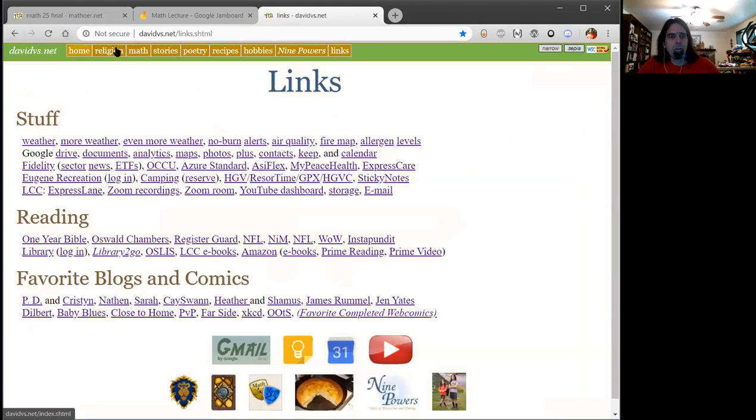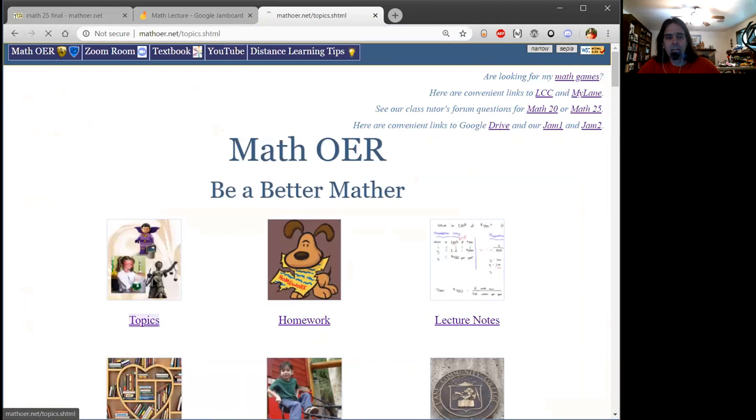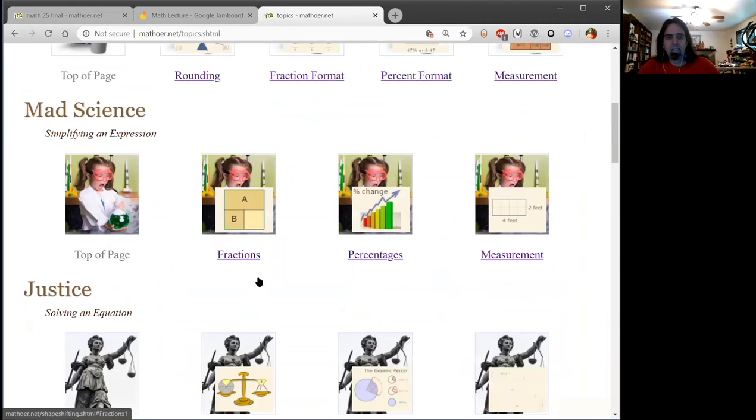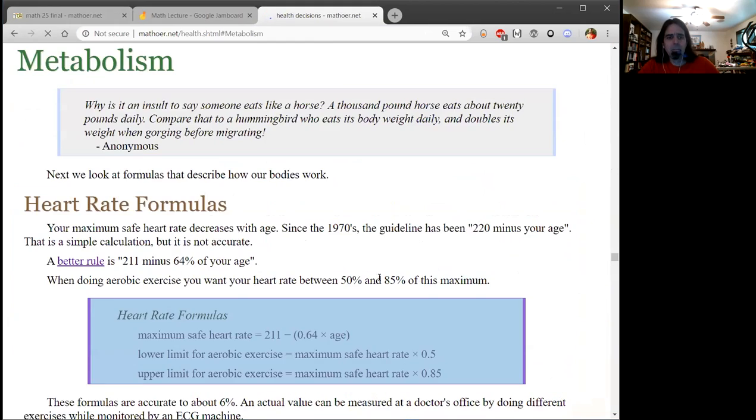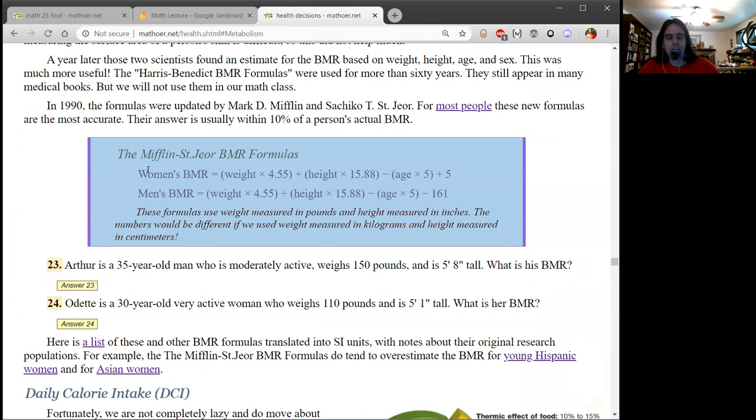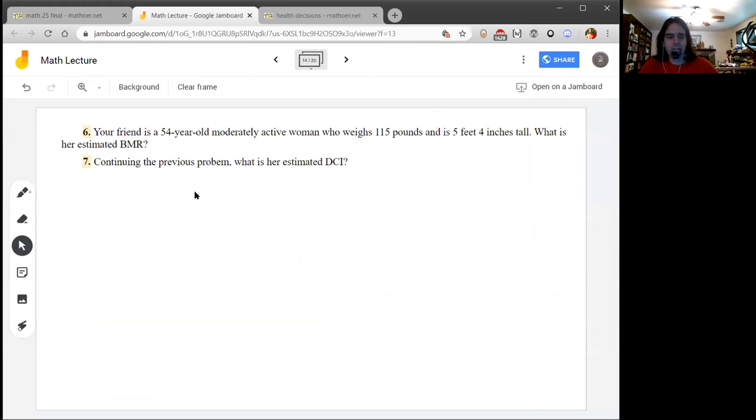So we need to go all the way back to metabolism. We had these BMR formulas. Hopefully these are in your notes.